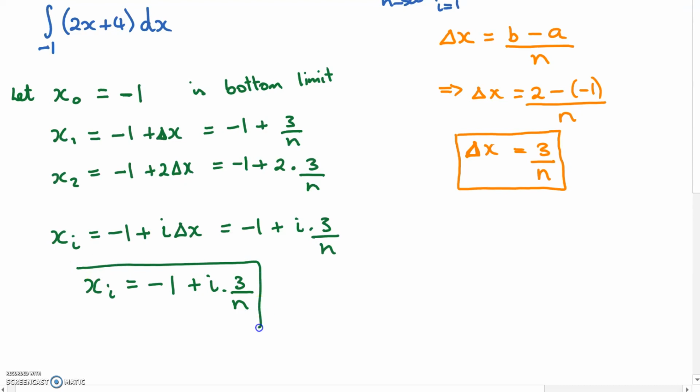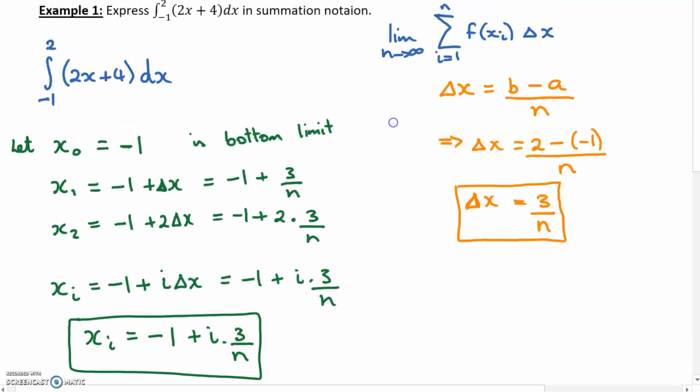Now, on that, there is a little formula that you can use to get you there a little bit more quickly, if you like. The formula is xi is equal to x0, which was the minus 1, and that's where the minus 1 comes in here, plus i times delta x.